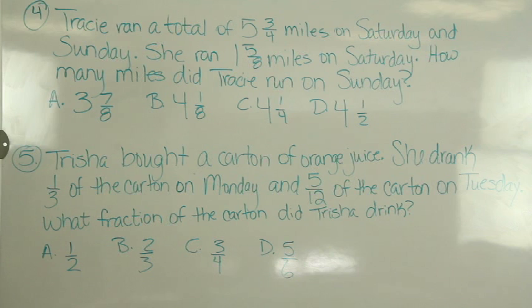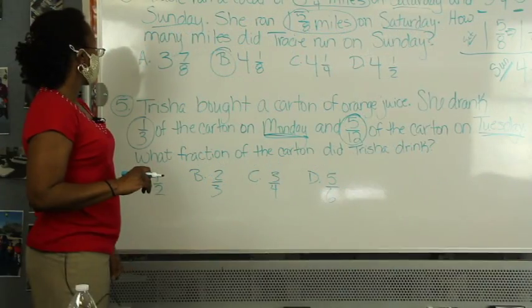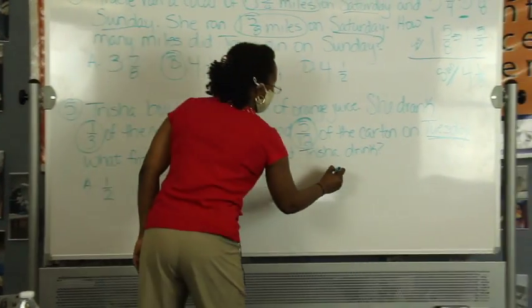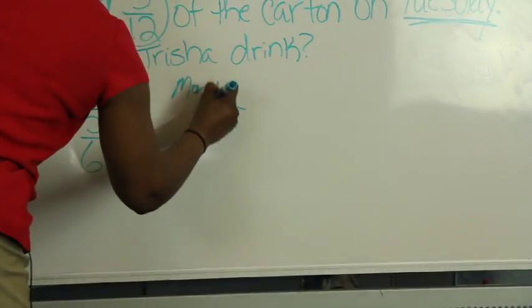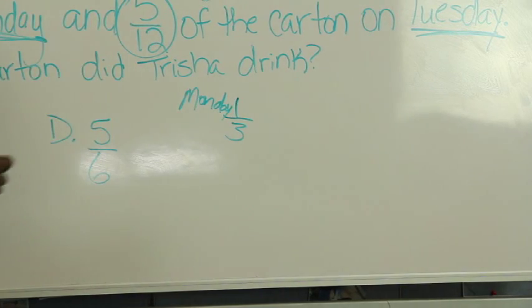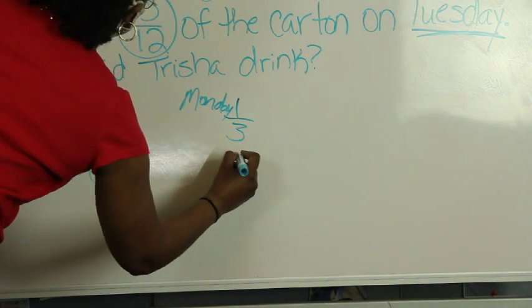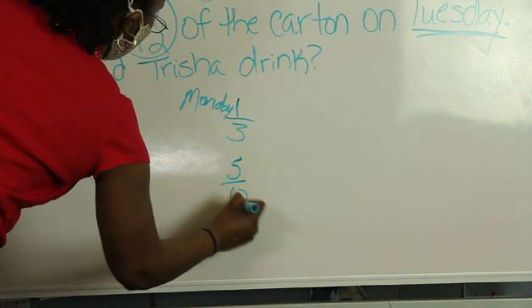Okay, so we know that the full carton has 12 over 12 as the fraction for the whole. But now what we have to do is find common denominators for both those answers, for both the amounts that she drank. For Monday, you have 1/3. And for Tuesday, you have 5/12.